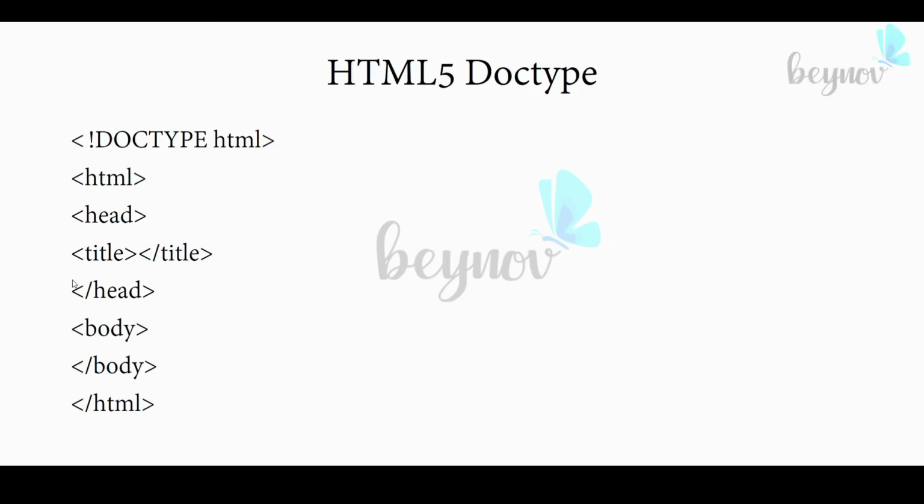Then we have the head tag, which associates our title or our meta tags. And then we have the body, where all of our HTML elements and attributes will be associated right here. So this is the base premise structure we are going to build in our HTML pages.